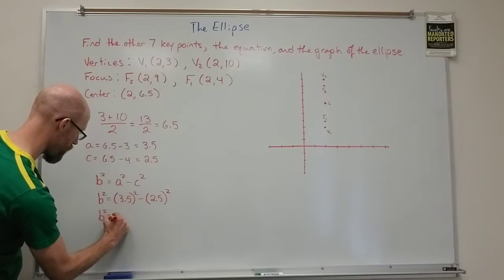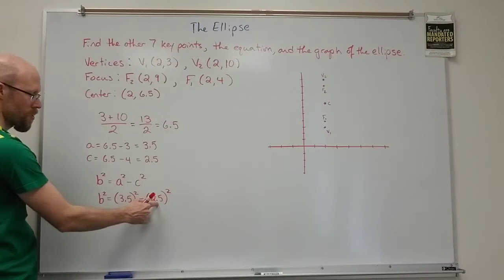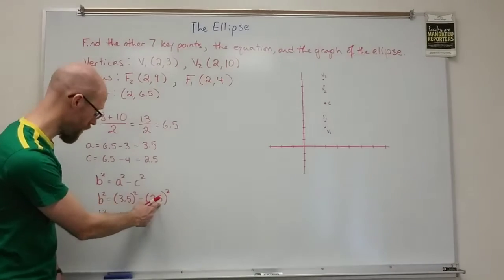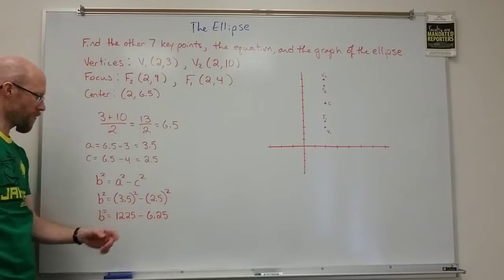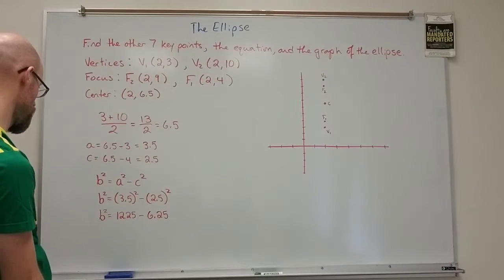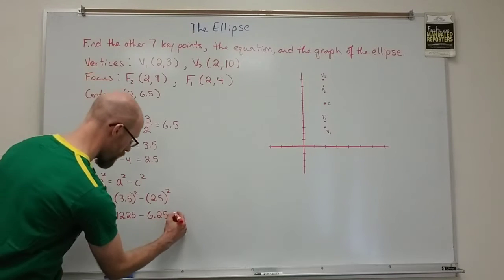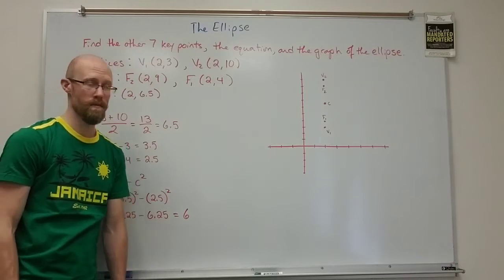So b squared is 12.25 minus 2.5 squared, which is 5 halves, that's 25 fourths, which is 6.25. Now the difference between those is, what, 6? Yes, that looks like 6, all right. So that means our b squared value is 6. That's kind of nice.